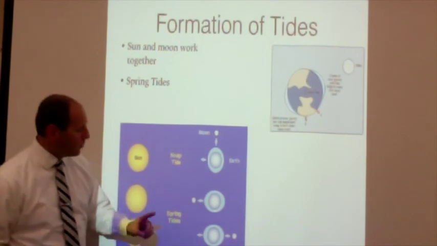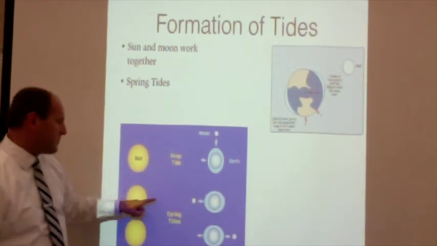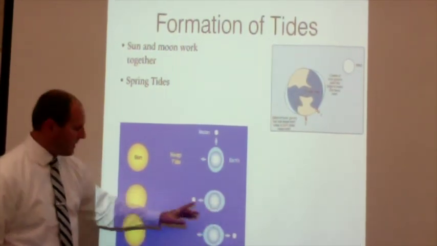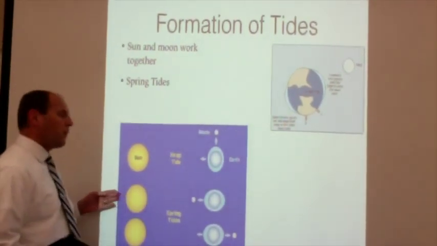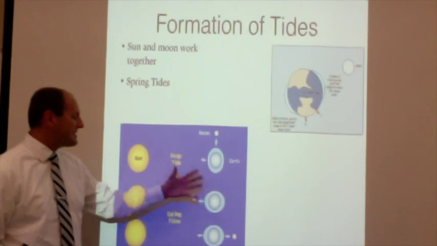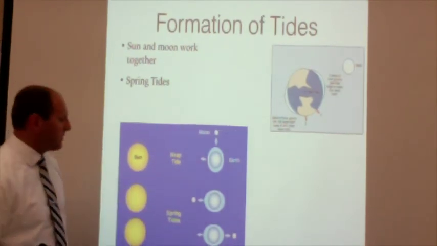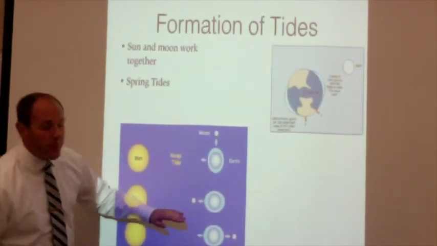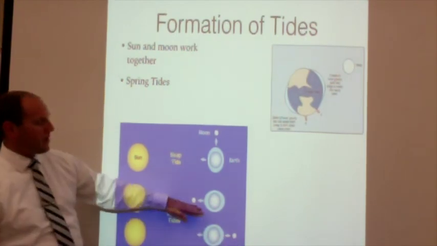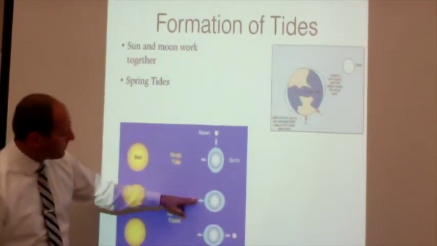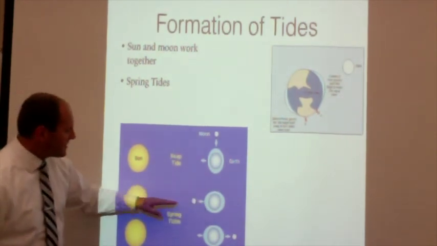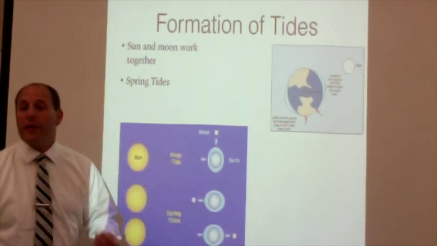When it's a new moon, that means the moon is between the sun and the Earth. And so the sun's light hits the far side here of the moon and reflects away from us, so we do not see that full reflection of the moon. In both that full moon and what we call the new moon, where we can't actually see the moon very well, the sun and the moon are working together.